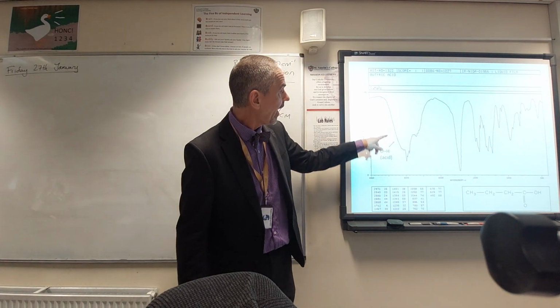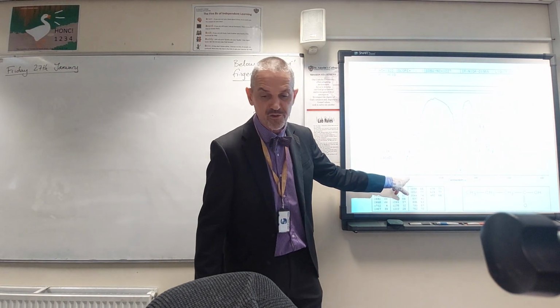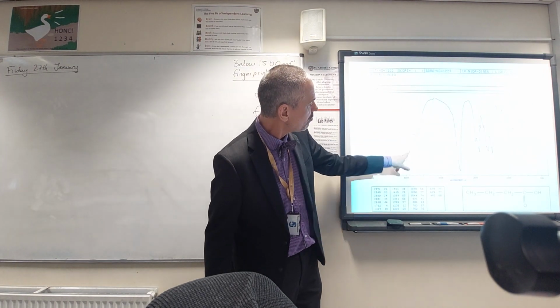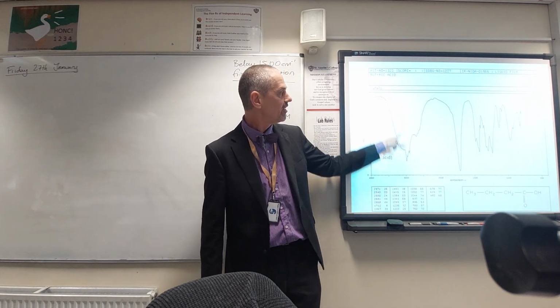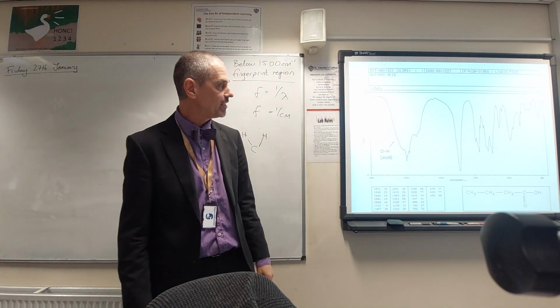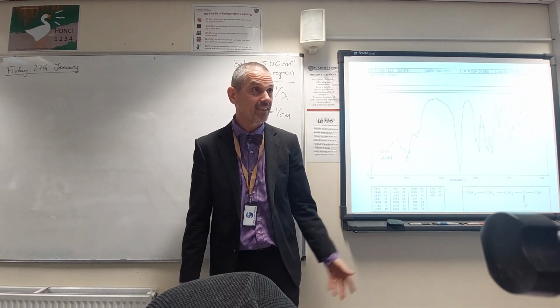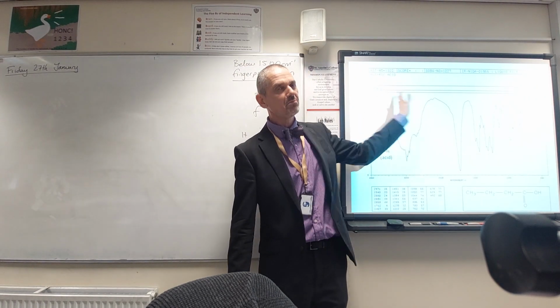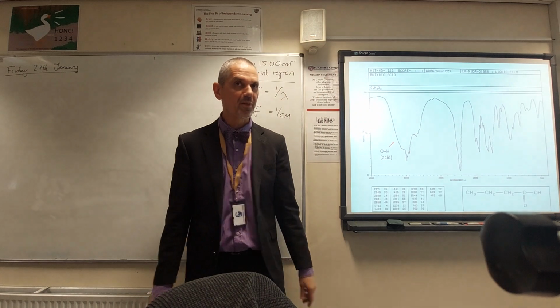And in fact, it's sort of shifted to the right compared with alcohol. It's around about 3000. In fact, it's almost sitting on top of the CHs. These are the CHs poking through the bottom of a very broad OH acid peak there. So for carboxylic acid, we're going to see an OH slightly to the right of an alcohol, and we're going to see that carbonyl peak there.